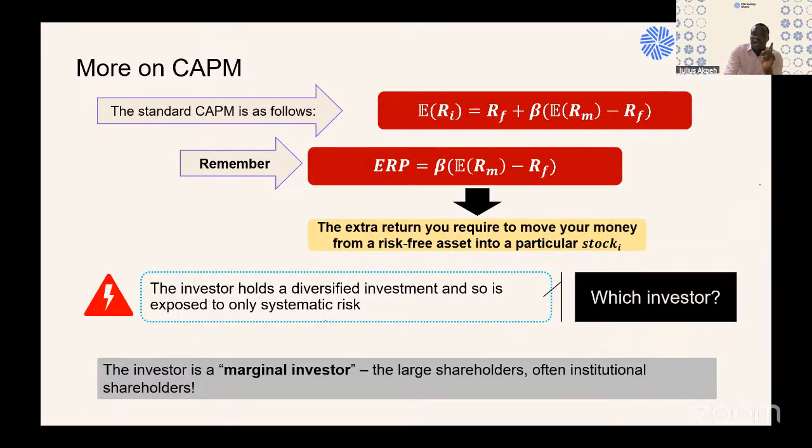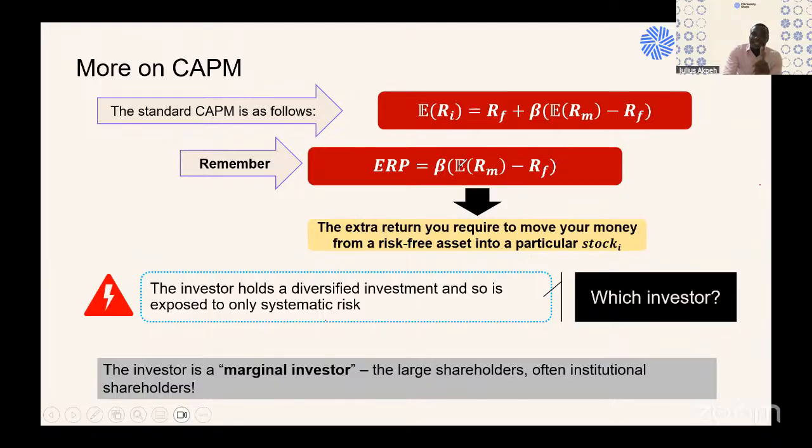A particular stock, I, because this beta helps us to adjust this ERP based on the stock we are talking about. If the stock is the market, the index you're investing into, which you can invest in directly, the beta will be 1. In that case, the ERP is basically the expected return on the market minus the risk-free rate.